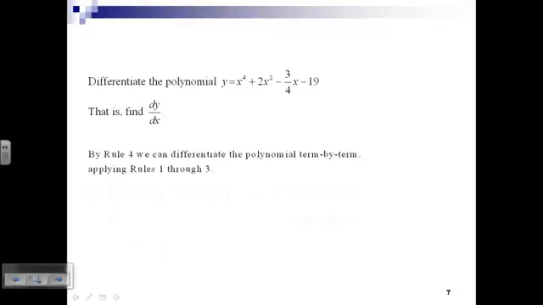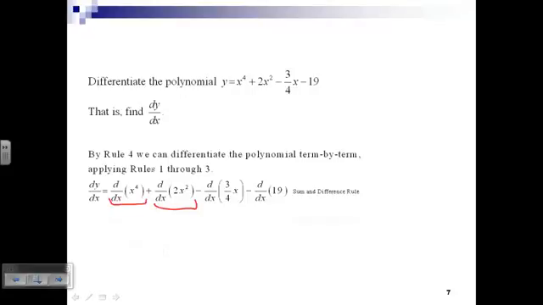Well, we're going to use Rule 4, which basically says if I want to take the derivative of something that has a bunch of additions and subtractions in it, I break it into a bunch of little problems. That's the sum and difference rule. And then, what am I going to use to do this part of the problem? Power rule. How about this part of the problem? Power rule and the constant multiplier rule.